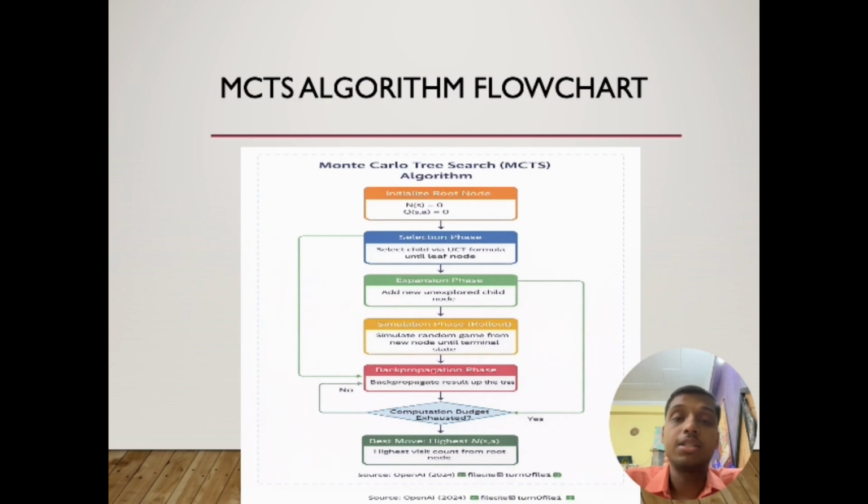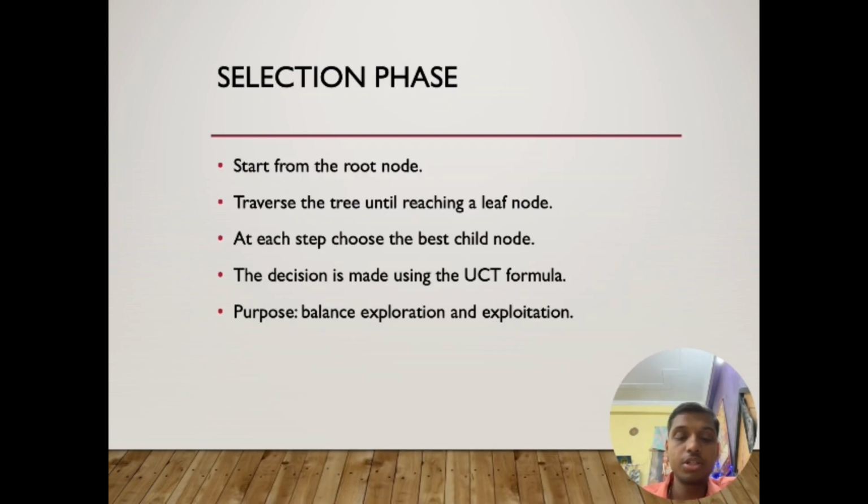from the collected statistics data. In the selection phase, the algorithm starts from the root node and moves down the search tree. Then we traverse the tree until we reach the leaf node. At each step, it selects the most promising child node based on the previously collected statistics.